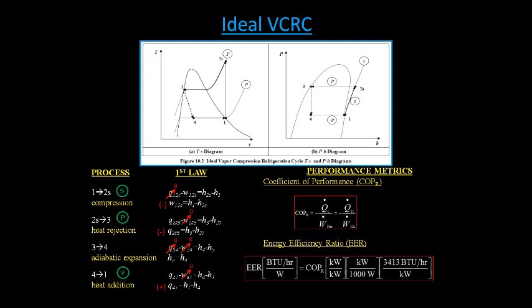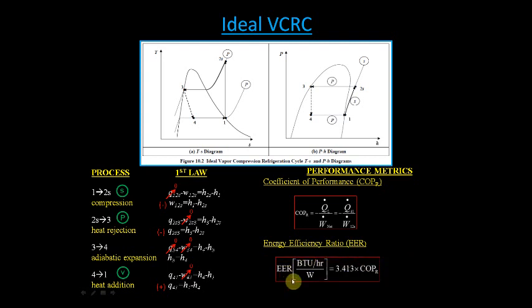If we look at it, our coefficient of performance is given in units of kilowatt divided by kilowatt, so it's a non-dimensional value. However, if we then convert one of the kilowatts into watts by dividing by 1,000, then multiplying by 3,413 BTUs per hour per kilowatt, we can start to cancel out some of the kilowatts, divide by 1,000, and we're left with our energy efficiency ratio in BTU hour per watt equal to 3.413 times our coefficient of performance for a refrigerator.